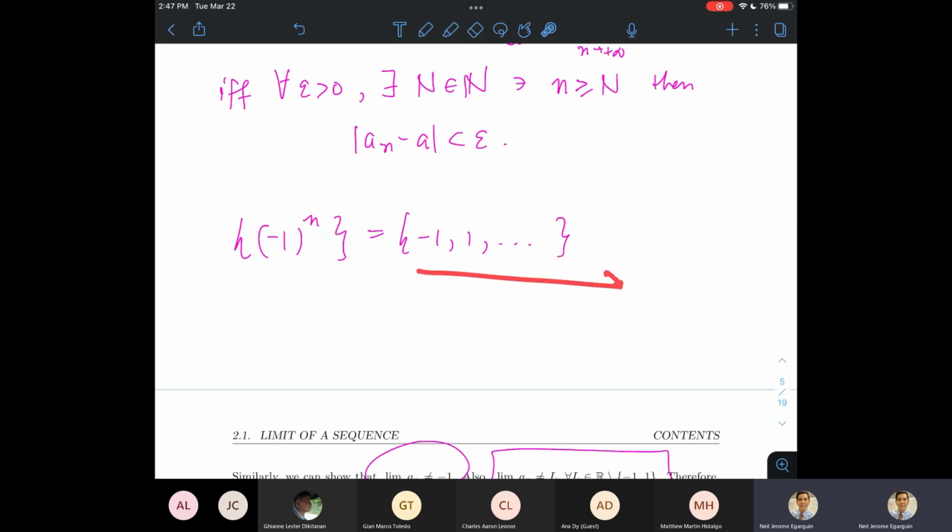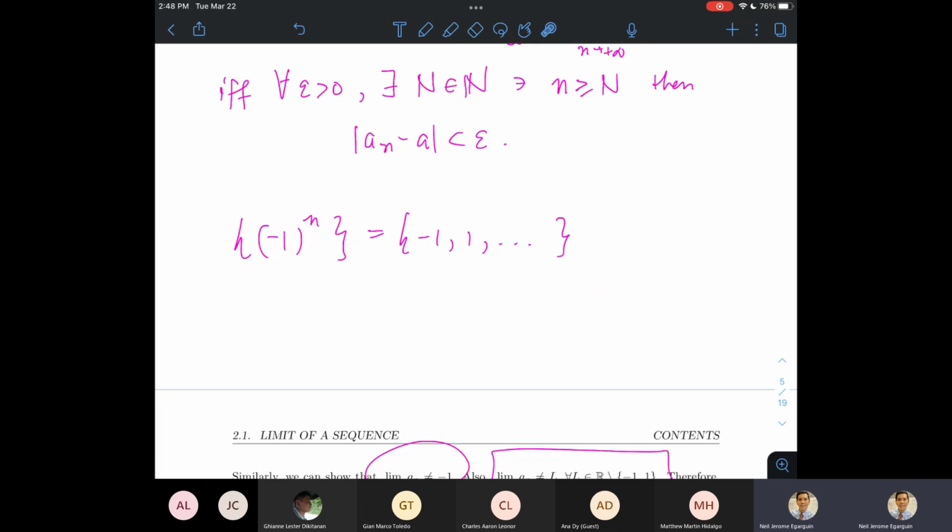Kasi nga, ang titingnan natin ay yung behavior in the tail end. Alright? Tapos dahil dalawa lang yung possible values ng sequence, so sure tayo, magko-converge lang siya sa positive 1 or -1. But unfortunately, we were able to find an epsilon for which the definition will not apply, all right, kung i-assume natin na yung limit ay 1 or -1.